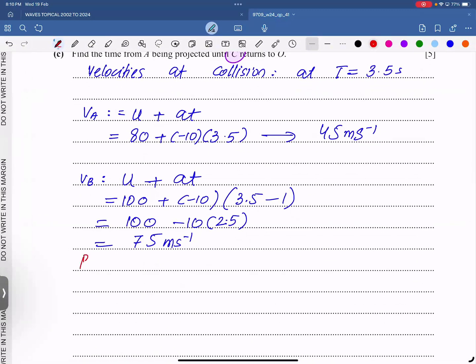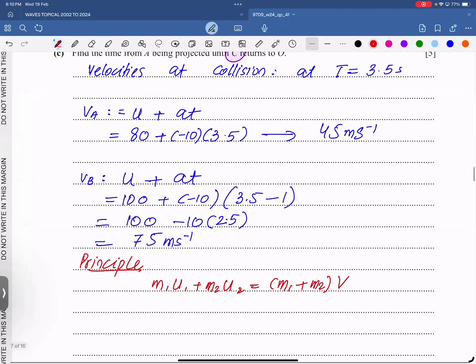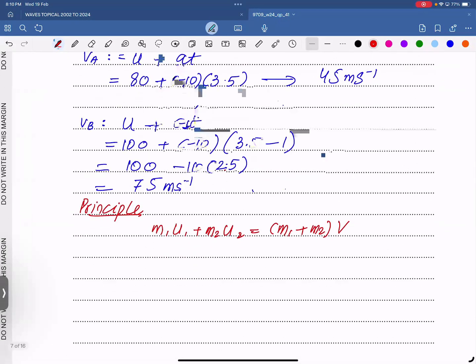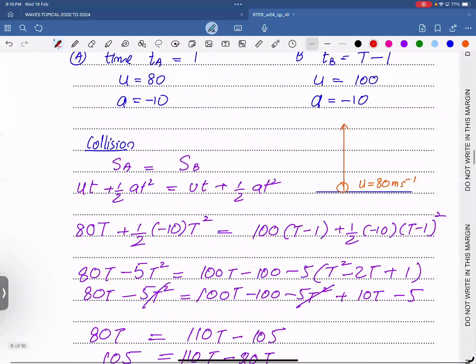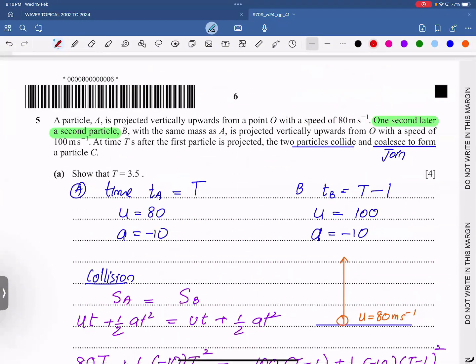You apply the principle of conservation of momentum. It says m1u1 plus m2u2 is (m1 plus m2) into the new speed. Now we will find at what velocity they start to move. The masses they gave us in the question are the same.